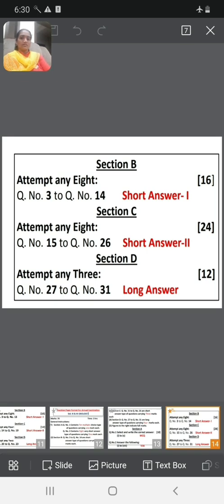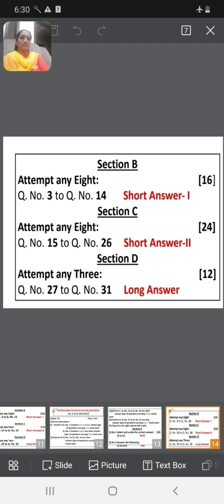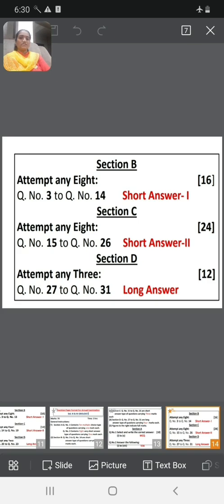Section C again has short answer questions, each for 3 marks, and it starts with question number 15 to 26. And the last section, section D, starts from 27 to 31 and it is the long answer questions and you have to attempt any 3. Okay, means objective options are there.